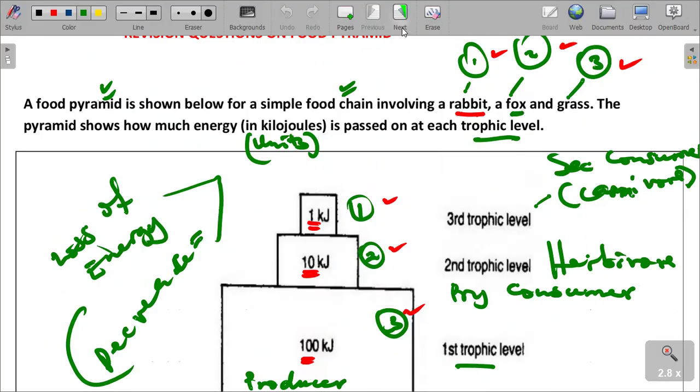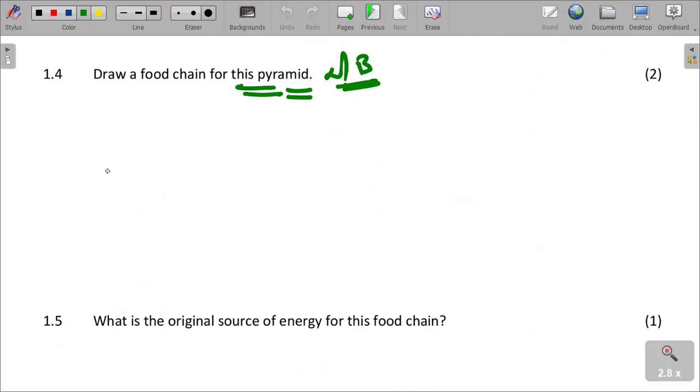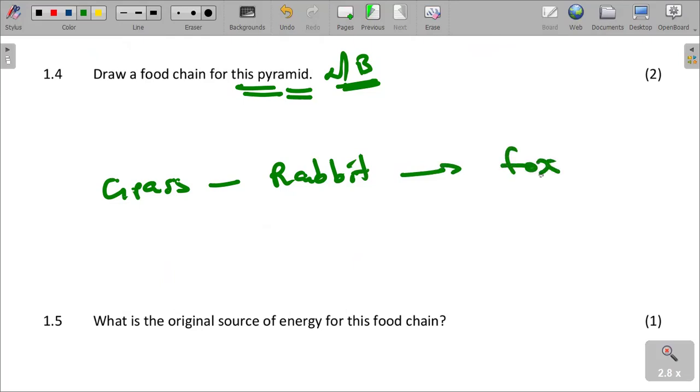So a food chain that we can draw: we have grass, obviously, then rabbit, and then we have our fox. Maybe we can say there is obviously the sun, which must also support the grass.